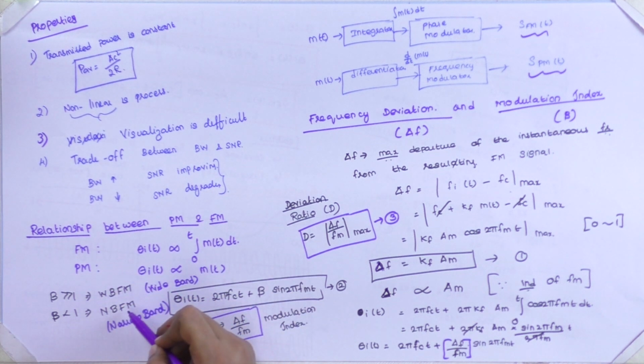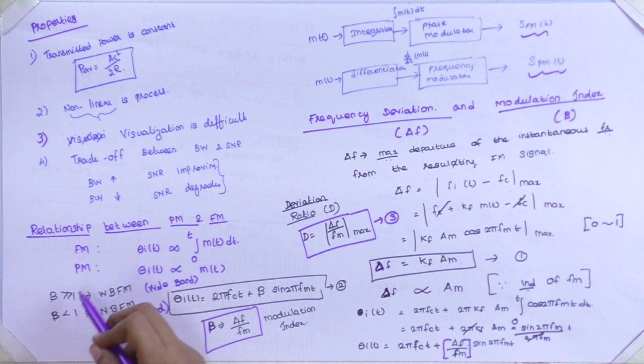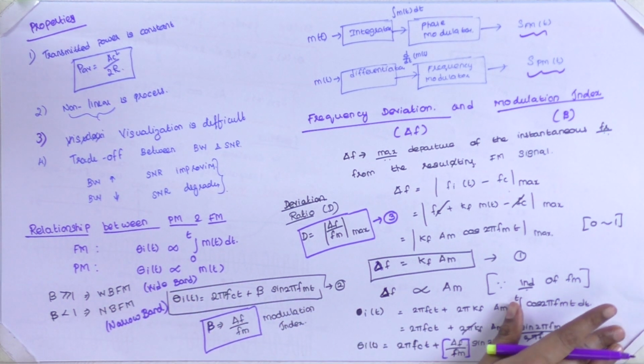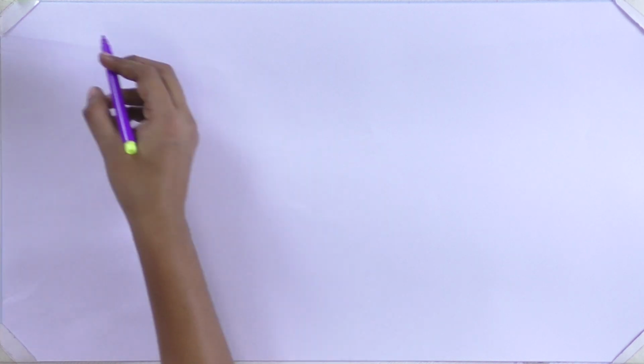We will see what narrowband modulation is, and then how to generate a narrowband modulated wave and how to generate a wideband modulated wave. First, we will see the types of modulation based on the modulation index.